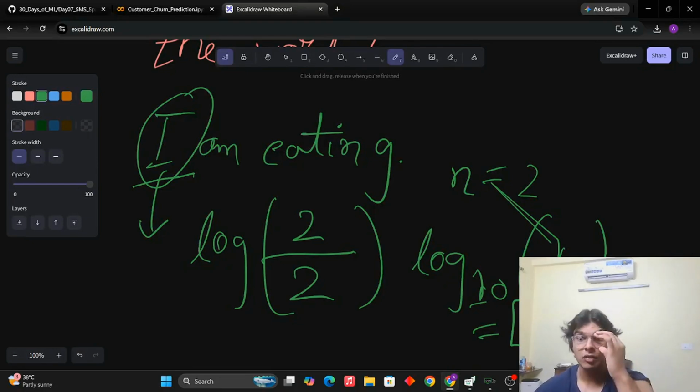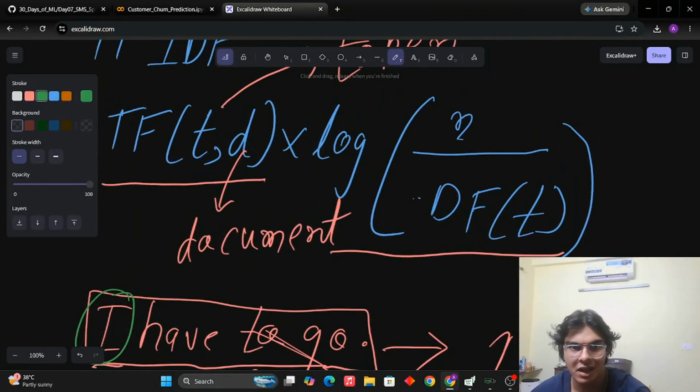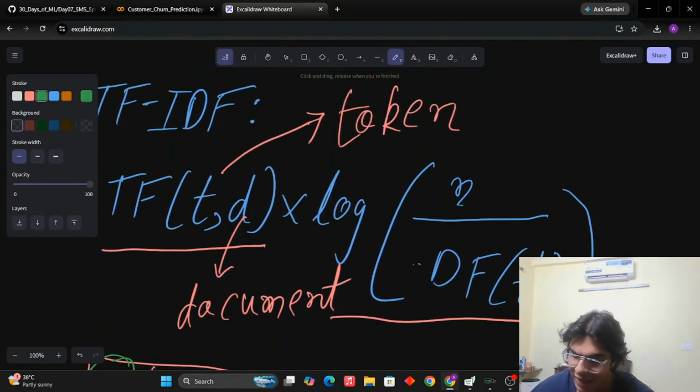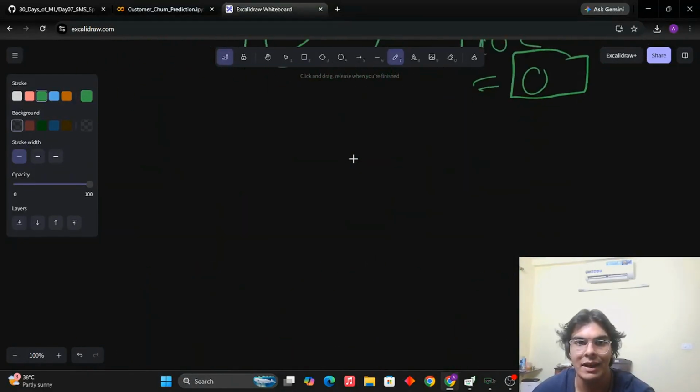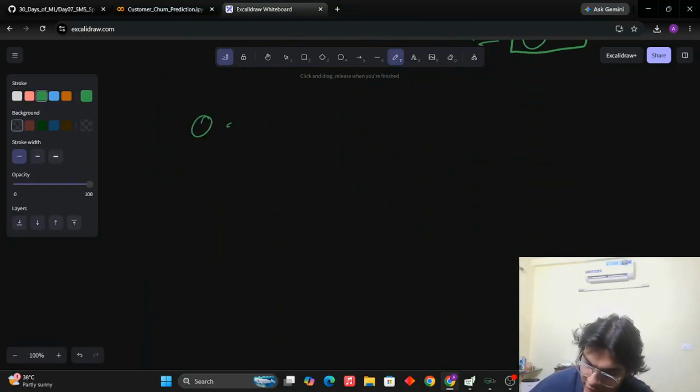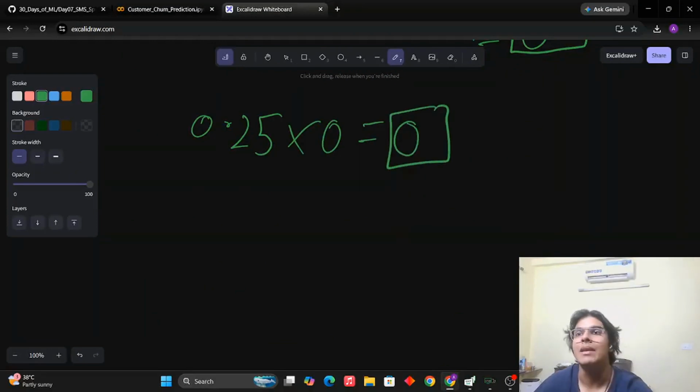Now look at this very carefully. What was the original formula? The original formula was that we had to multiply the TF and the IDF. Our TF value is 0.25 and our IDF value is 0. So what happens when we multiply this? Of course, we are getting a 0. This is very important. What does this value mean?